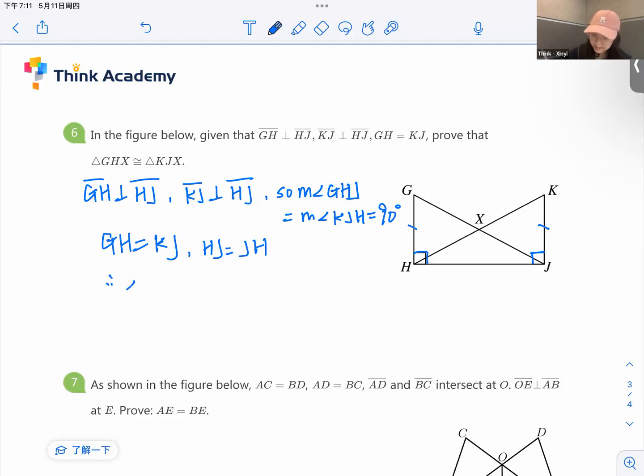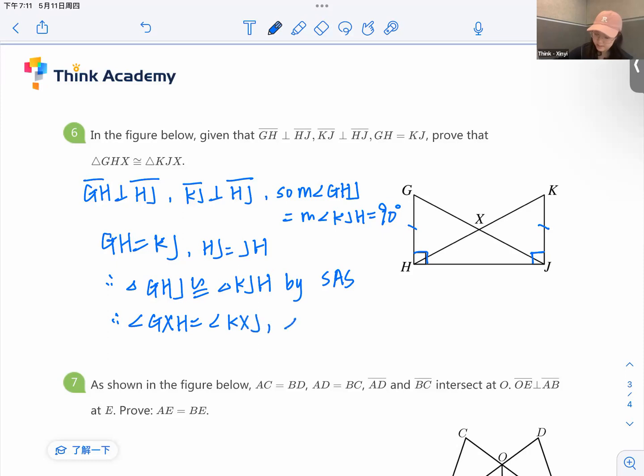So we can prove that by SAS, we can have the triangle GHJ congruent to the triangle KJH. And therefore, we can have the angle GXH equals to the angle KXJ, and we can have the angle G equals to angle K, and we have GH equals to KJ.